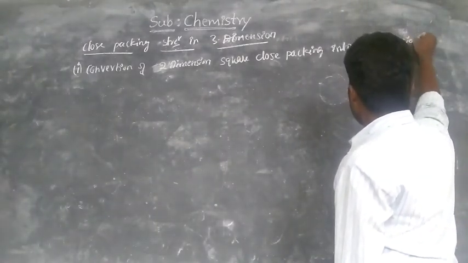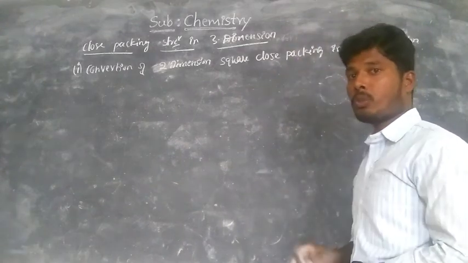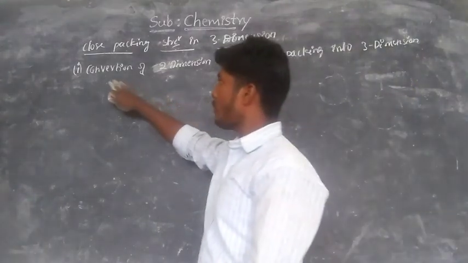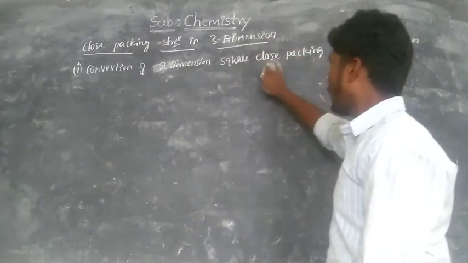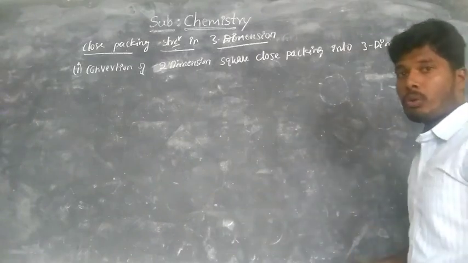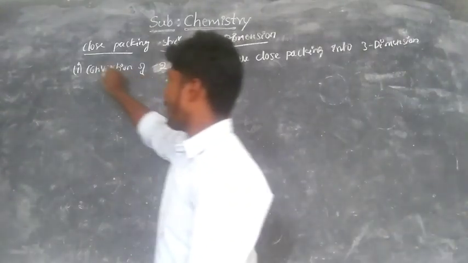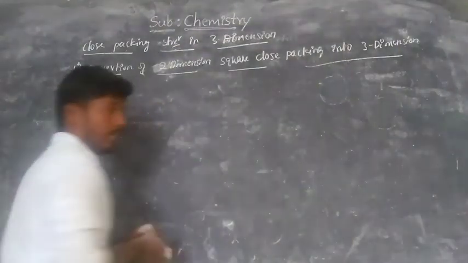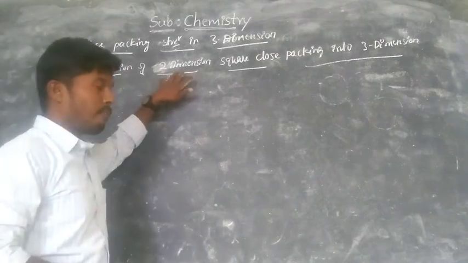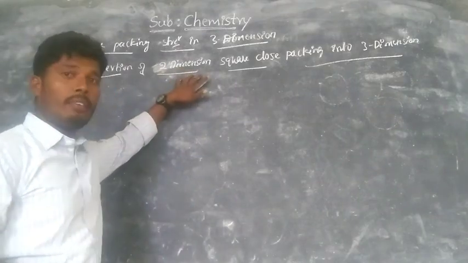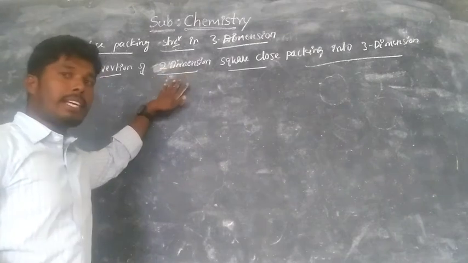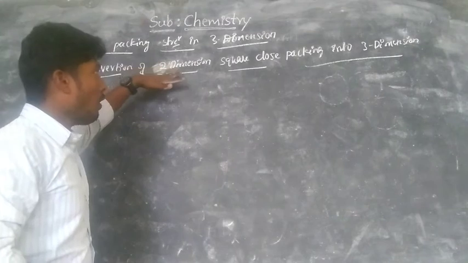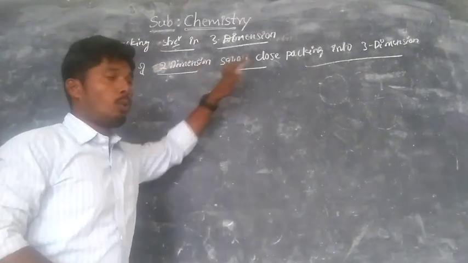There are many methods to convert, or there are many crystals of three dimensional closed packing. Now we are going to study the first one, conversion of two dimension square closed packing into three dimension closed packing. In this case the spheres of the second layer are placed exactly over the layer of two dimensional square closed packing.